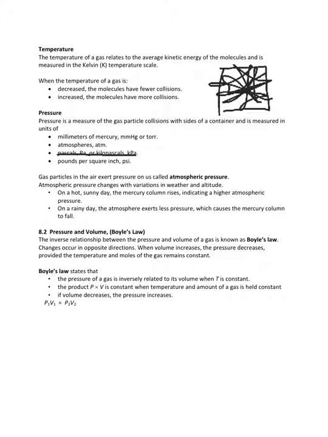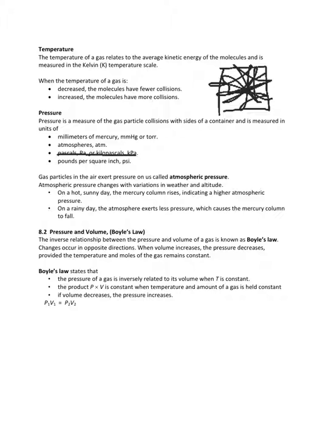So again, as millimeters of mercury, a unit of pressure, increase, we have a higher atmospheric pressure. On a rainy day, the atmosphere exerts less pressure, which causes the mercury column to fall, indicating fewer millimeters of mercury and a lower atmospheric pressure.